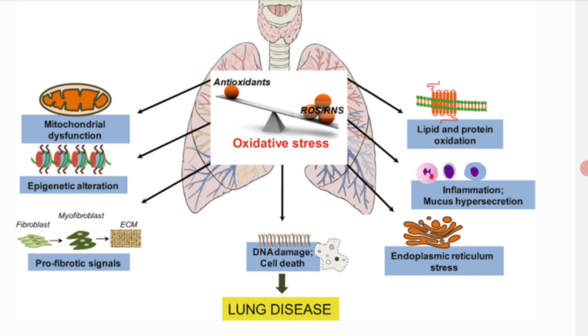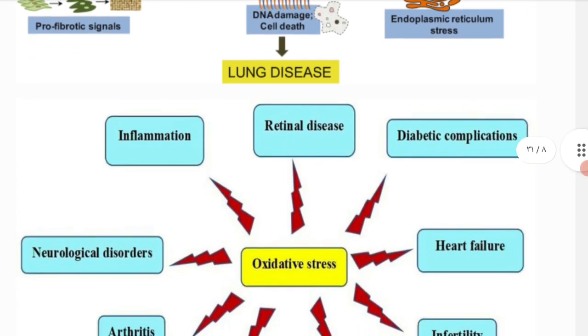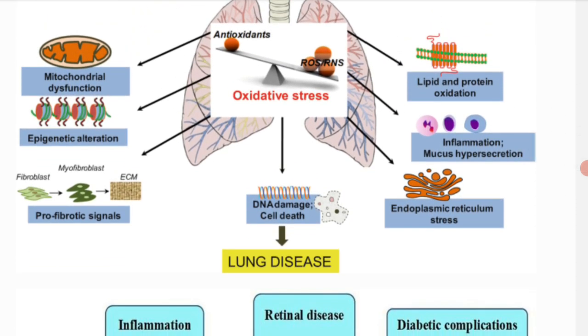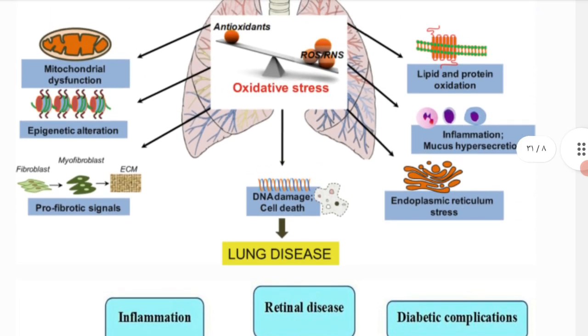This will affect the mitochondria and cause mitochondrial damage and epigenetic alteration, as we know, and cause damage to the myofibroblast, cause profibrotic signals, or damage to lipids and proteins, and then cause inflammation, mucus hypersecretion, endoplasmic reticulum stress, or DNA damage, cell death, and this will cause lung disease. All of these cause lung disease.